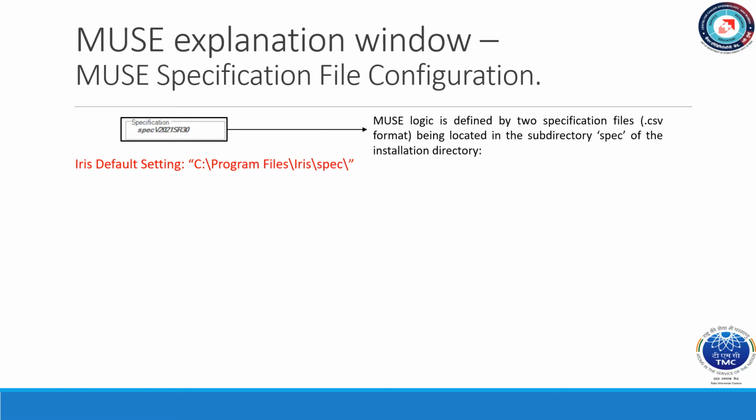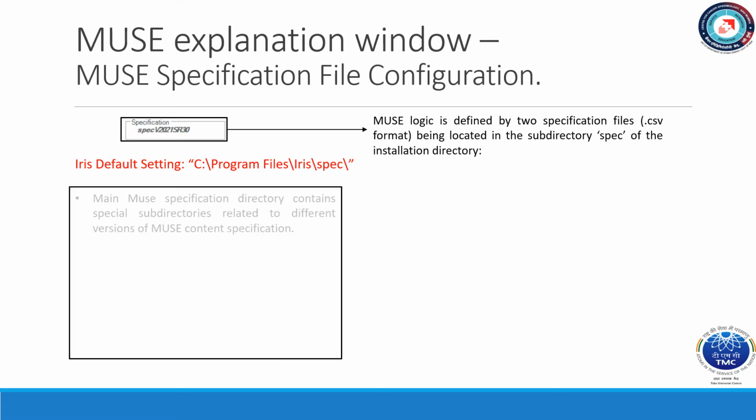So, for example, if the executable file iris.exe is in C drive's Program Files/iris/, the default Muse specification directory will be in C drive Program Files/iris/spec/. The main Muse specification directory also contains special subdirectories related to different versions of Muse specification.